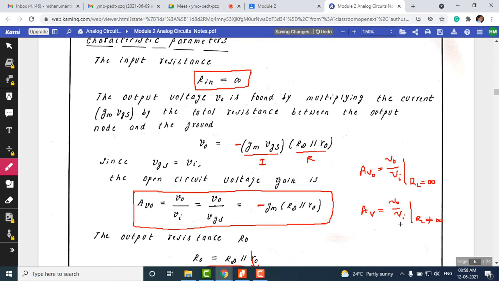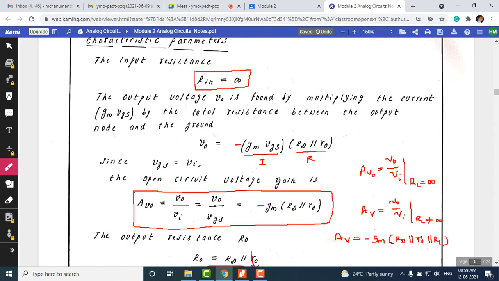Once RL is included without making it infinity, this equation changes. Here we need to add another parallel combination. So Av now becomes the same equation, minus Gm times Rd parallel with R naught parallel with RL.